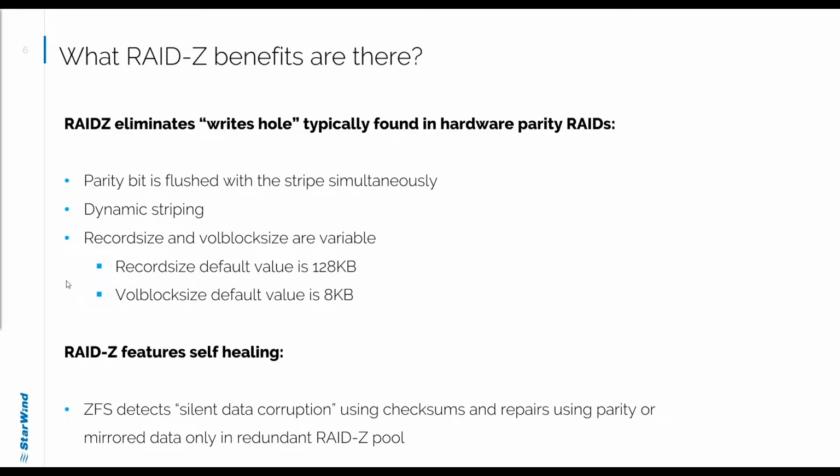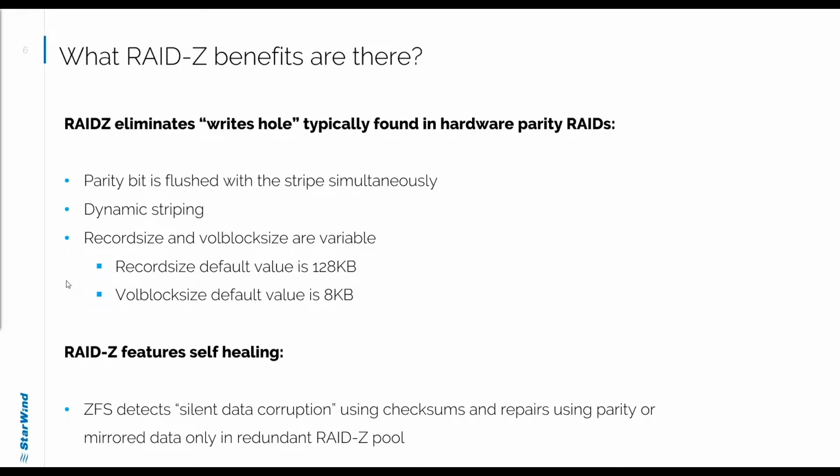For example, 3 wide RAID-Z1, 6 wide RAID-Z2, or 9 wide RAID-Z3. This is because RAID-Z spreads each logical block across all the devices, which is quite similar to RAID 3, in contrast with other parity levels. Of course, for better performance, you should consider mirroring instead.